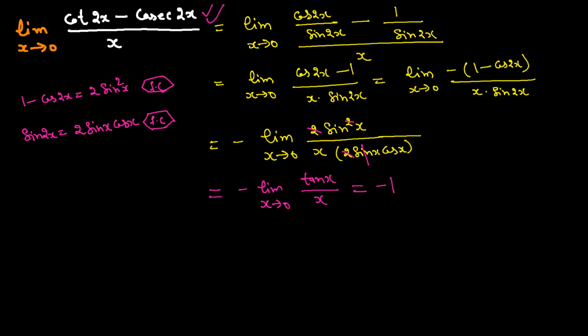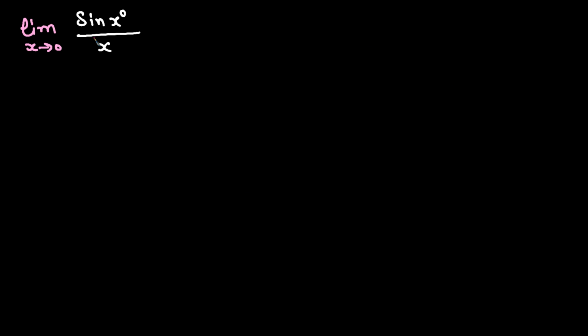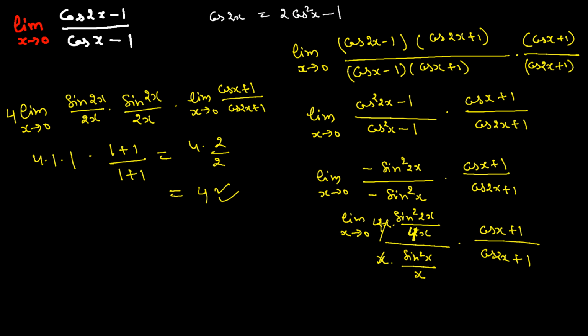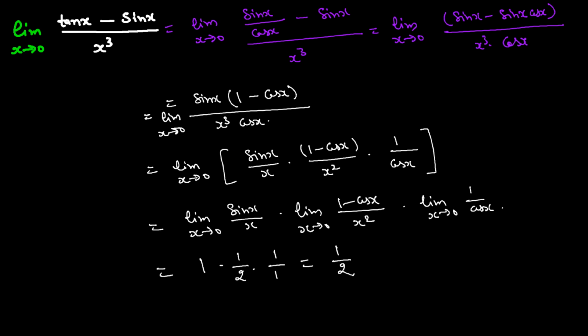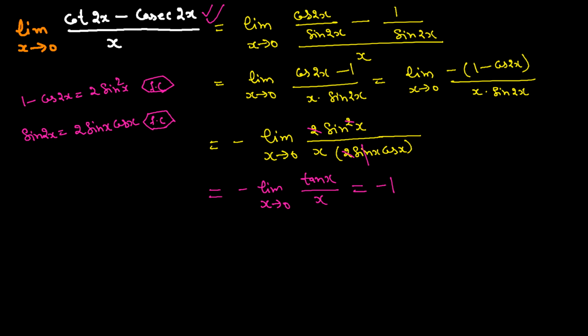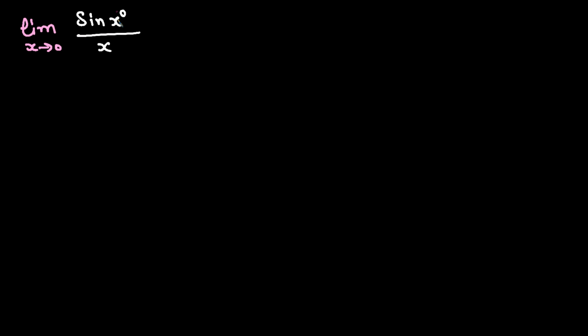Okay, so we got the last problem, a very interesting problem. We have the limit as x approaches 0 of sine x degrees over x. In all these problems so far, the angle is in radians, but in this problem we have this value in degrees. So first of all, we need to convert this degree into radians, and how are we going to do it?